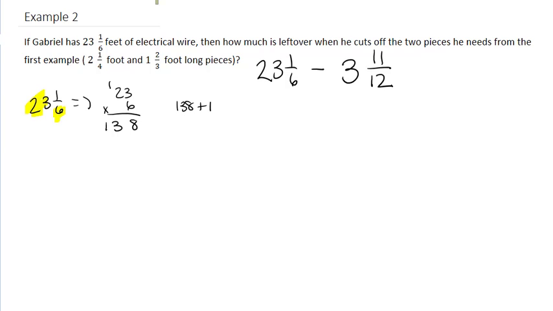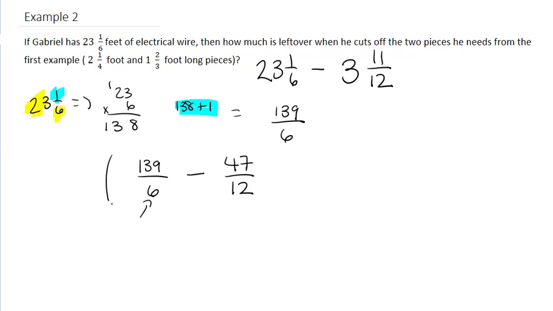So we did this first. And we get 139 over 6. And so we have 139 over 6 minus, and then we'll just take the same number we got from before, which is 47 over 12. And so how we can then subtract is if we get a common denominator of 12.